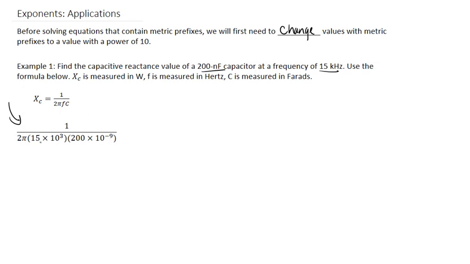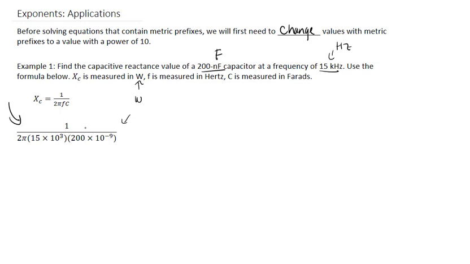The reason is that we all have to have the same units, because if you put in just 200, it would greatly skew the solution, as it would not be correct. So farad at the end here would just become farad, and this would just become hertz, as this is just in ohms. So now we can go ahead and solve for this.